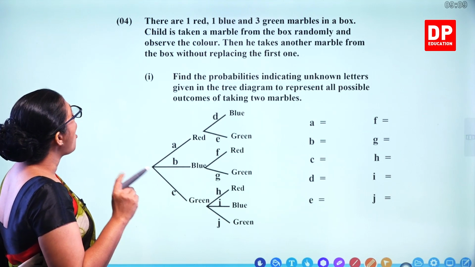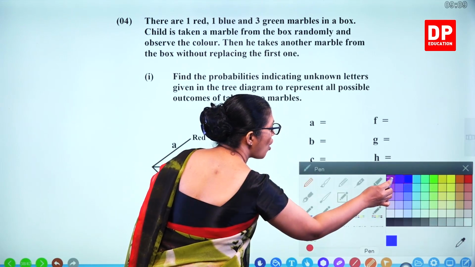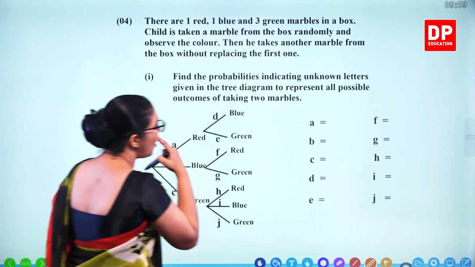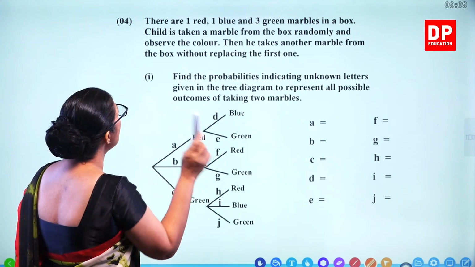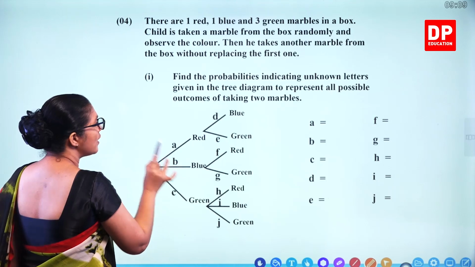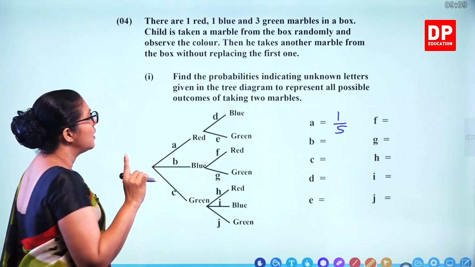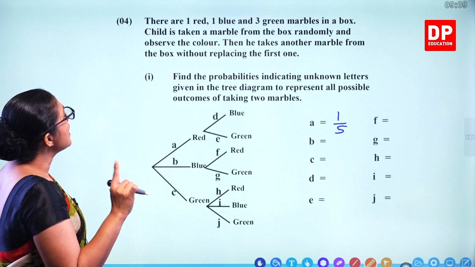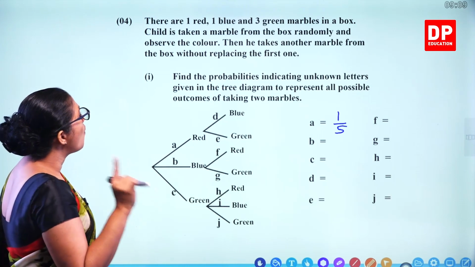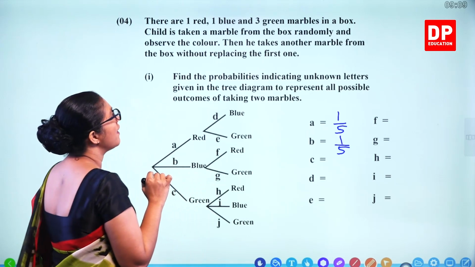So red one, how many reds are there? 1 out of, total is 1, 2, 3, 4, 5. So what is A? 1 over 5. Then B, taking a blue one first time. 1 blue is there out of 5, 1 over 5.